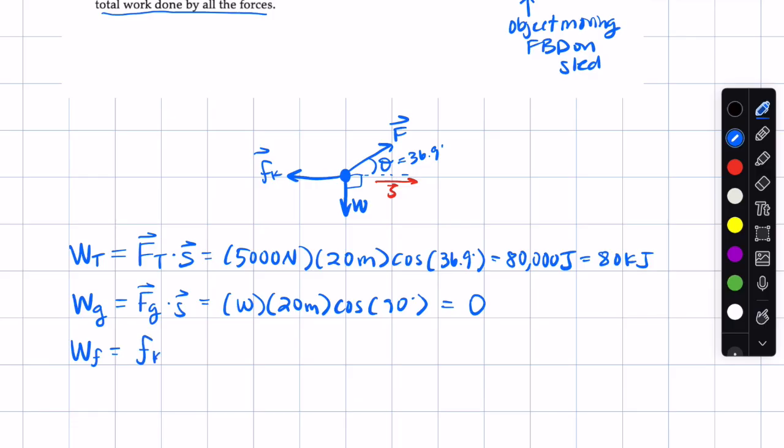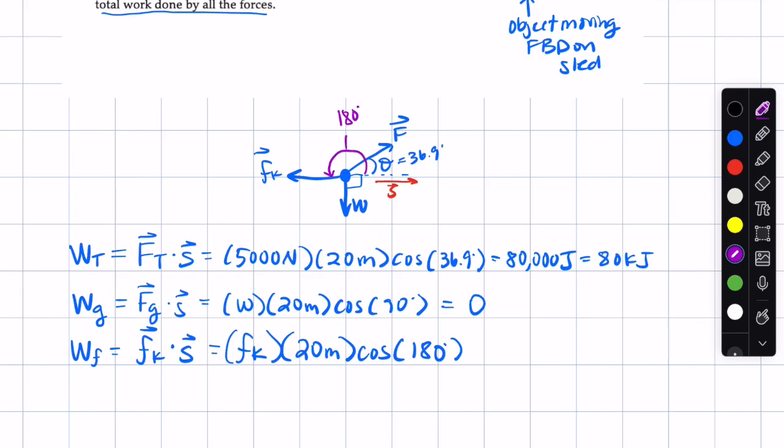Now let's check out the frictional force. We have frictional force dotted with the displacement. So that's going to be magnitude of the frictional force times magnitude of the displacement times cosine of the angle between them, which is 180 degrees. Right? Because there's the displacement vector and there is the frictional force, 180 degrees difference. So we're going to get a negative sign out of the 180. And then the frictional force, well, that's given to us.